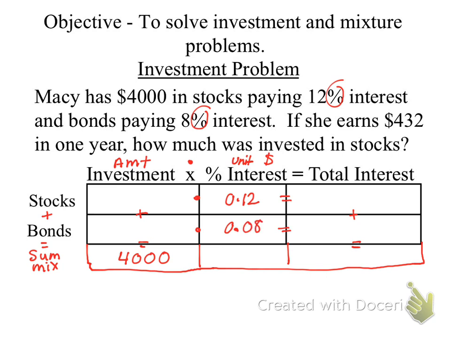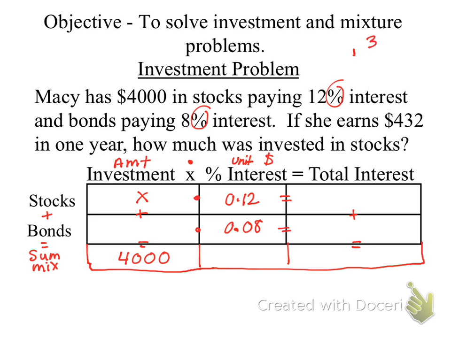Okay, and do we know how many stocks? It says if she earned $432 in interest in 1 year, how much was invested in stocks? Do we know how many stocks? No. So what do we call it? X. And can't we call this the total minus the addend? 4,000 minus X. Do you remember this?